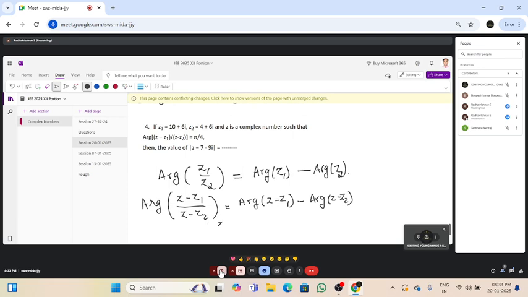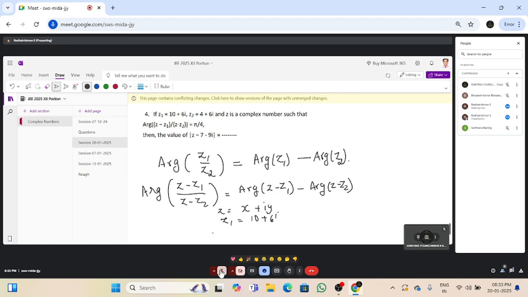You take z equal to x plus iy. Z1 is given as 10 plus 6i. Z2 is 4 plus 6i.